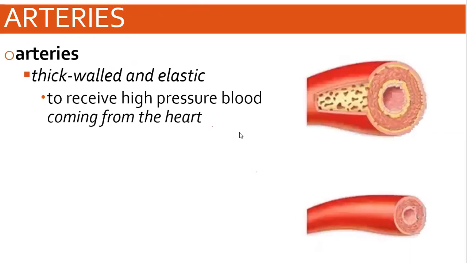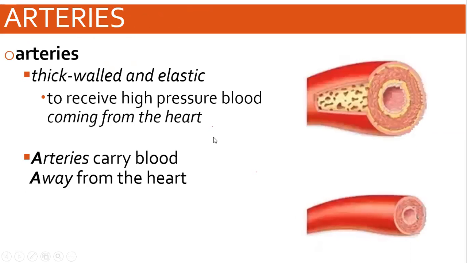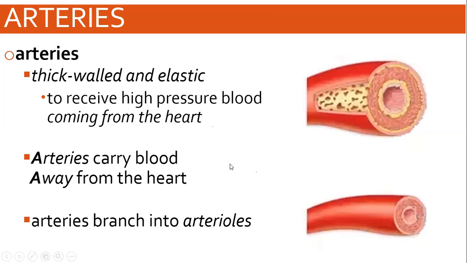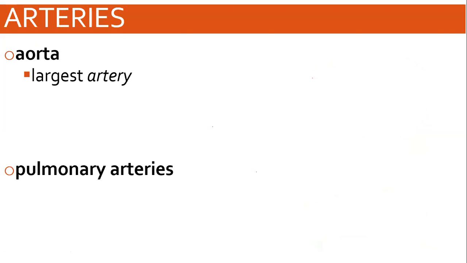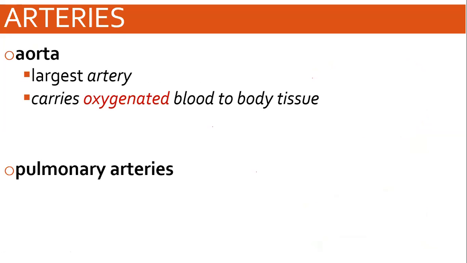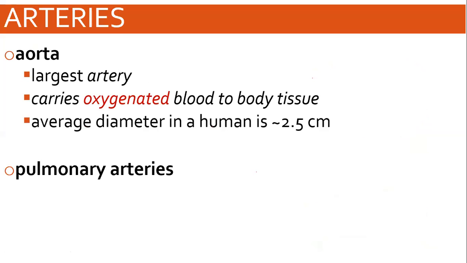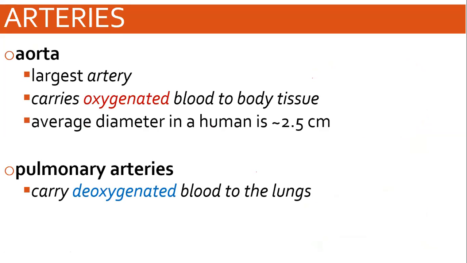All right. Because it's high pressure blood, right? Don't forget arteries are carrying blood away from the heart, and arteries branch into smaller versions of arteries called arterioles. Aorta is the largest artery. You guys know that already. So it carries oxygenated blood to body tissue. And then pulmonary arteries carry deoxygenated blood to the lungs.